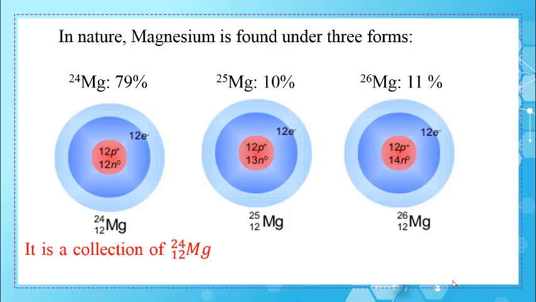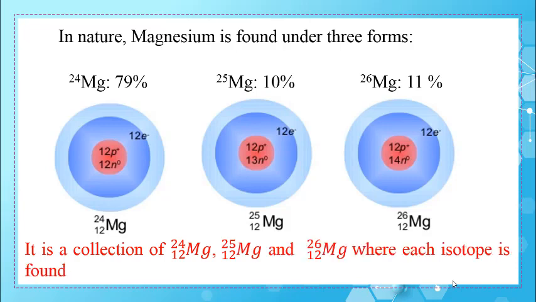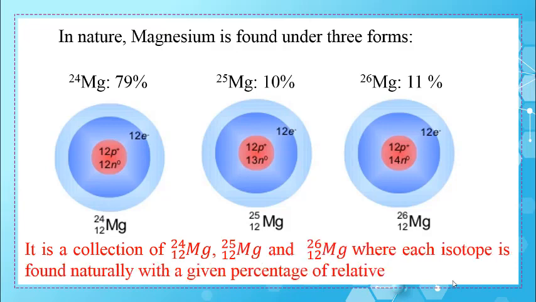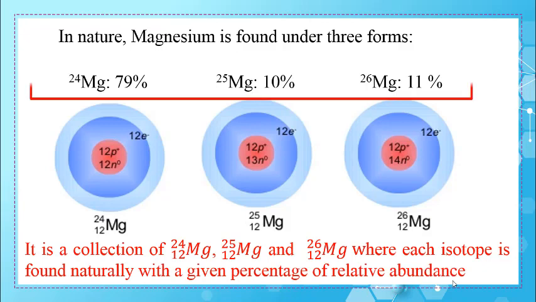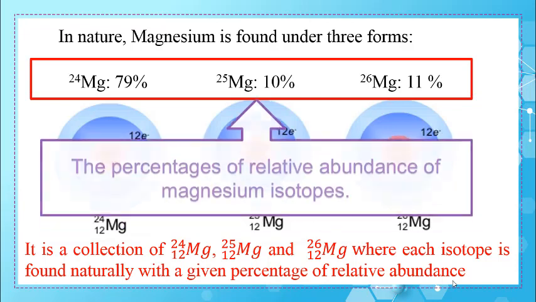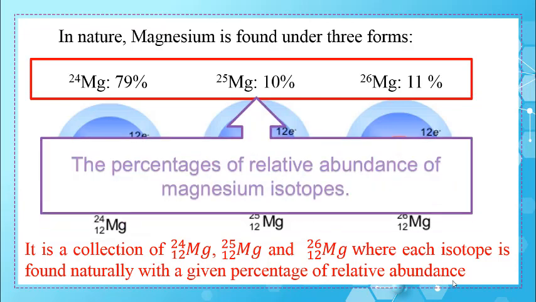Magnesium isotopes are a collection of Mg-24, Mg-25, and Mg-26, where each isotope is found naturally with a given percentage of relative abundance. The percentages of the 3 magnesium isotopes are called the percentages of relative abundance of magnesium isotopes.